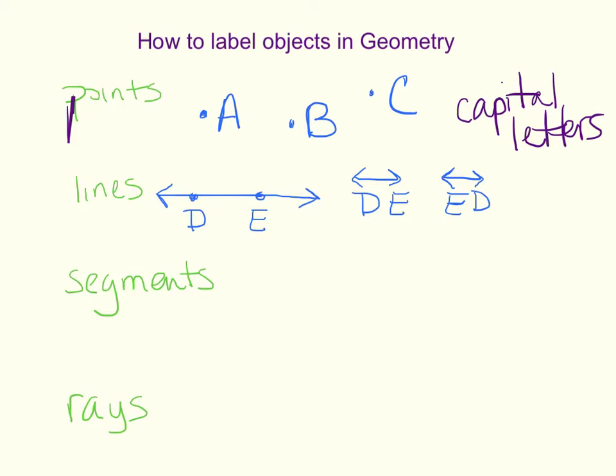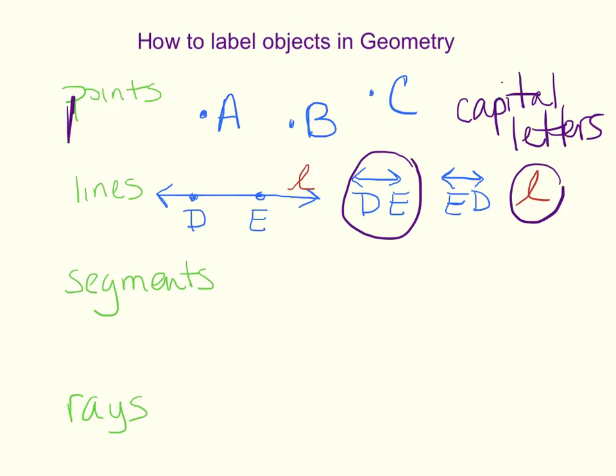Now, you can also call your lines with a lowercase cursive letter. So I might call this line L. So there's 2 ways: you can either use 2 letters with a line above it, like this, or a lowercase cursive letter.